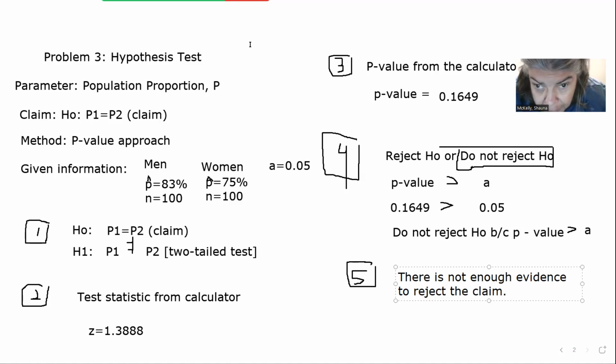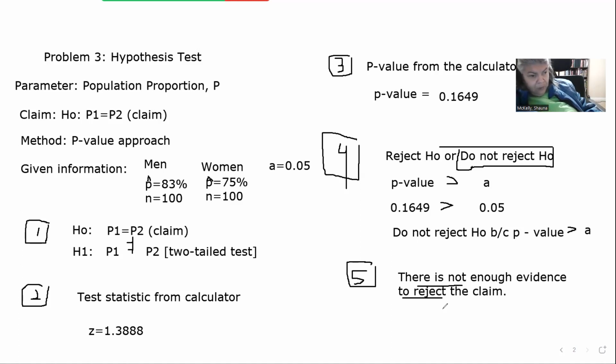Now, that's your hypothesis test for this question. All right. I want to show you something else. There's not enough evidence to reject the claim. Don't forget to underline the words is not and reject. Okay. That's my hypothesis test. Now it also asked me to do a confidence interval. Okay.